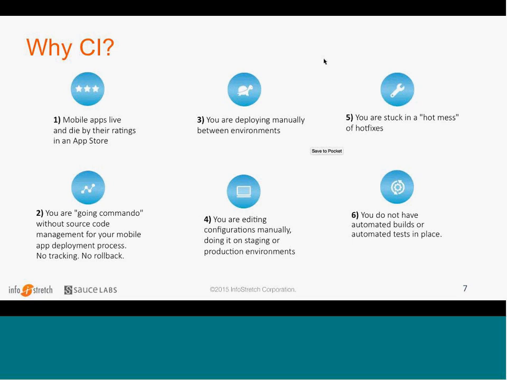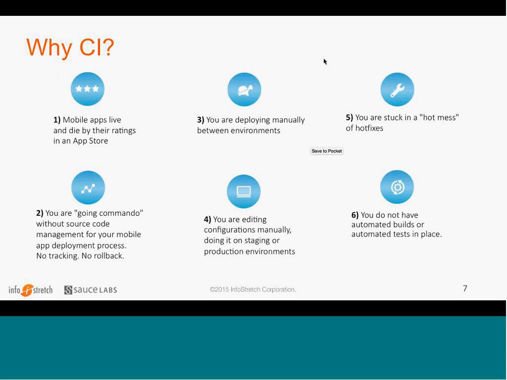Because in a hot mess of hot fixes, if we don't find defects early enough in the system, we are losing money as well as time for our development team. So these are the aspects of why CI is important in the enterprise world.